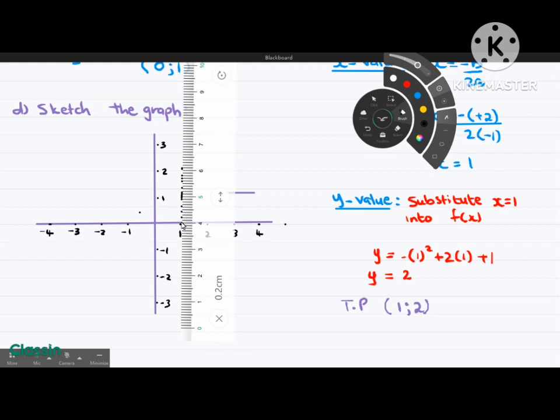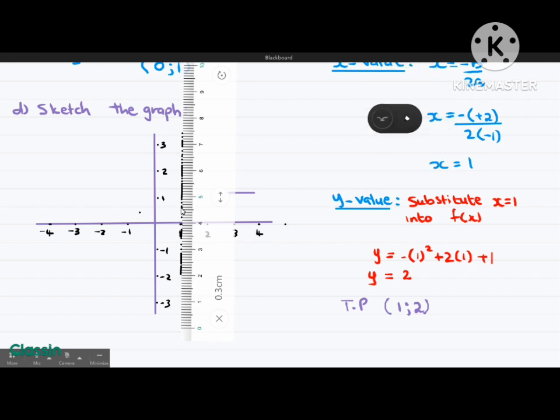We will have something like this. I'm trying to draw dotted lines so that we can represent this as the line of symmetry. So that this is how it will be.